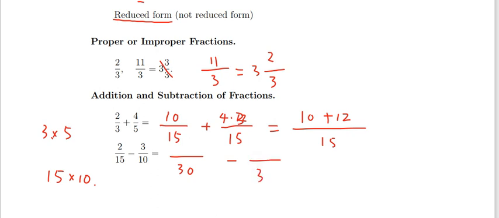So for 2 over 15, the denominator becomes 30 by multiplying by 2, so the numerator becomes 2 times 2, which is 4. From 10 to 30 we multiply by 3, so 3 times 3 becomes 9. This equals negative 5 over 30, which we can simplify further, right?